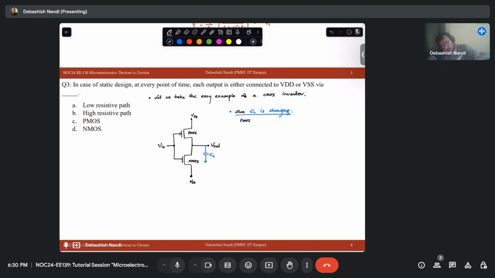So PMOS on, NMOS off. We can represent this as an on resistance, this as an open circuit, this is VSS, this is your on resistance, this is VDD, and this is connected to your CL.